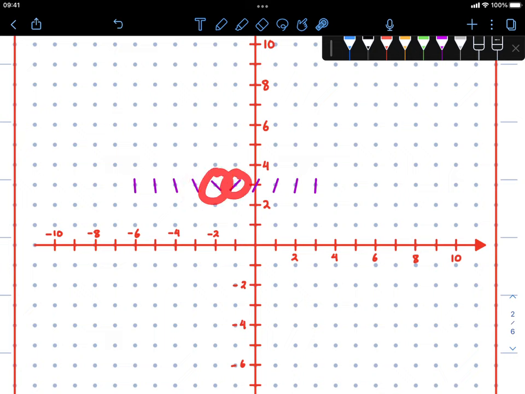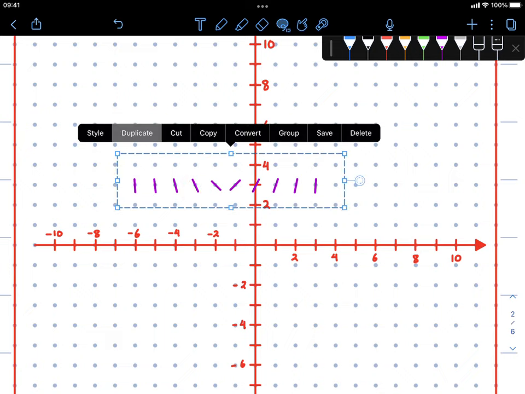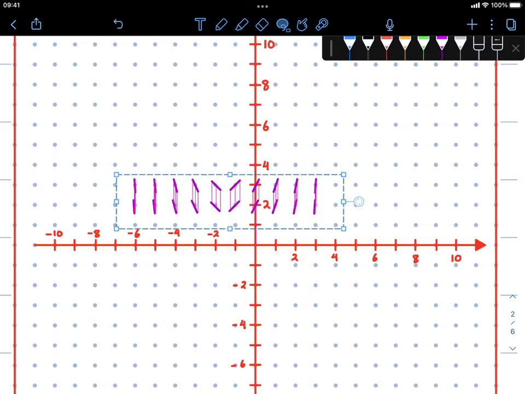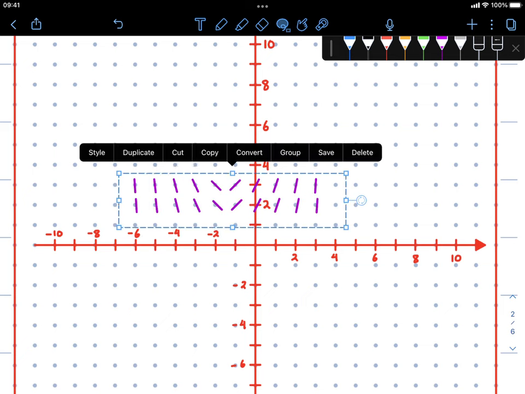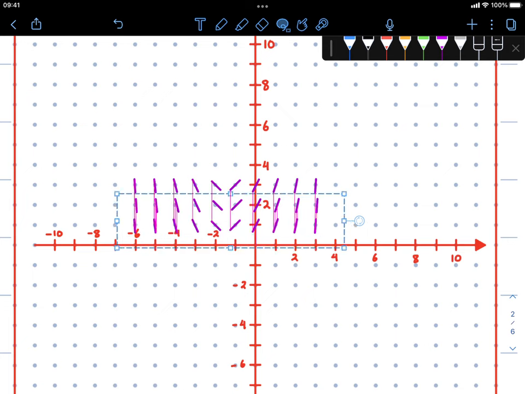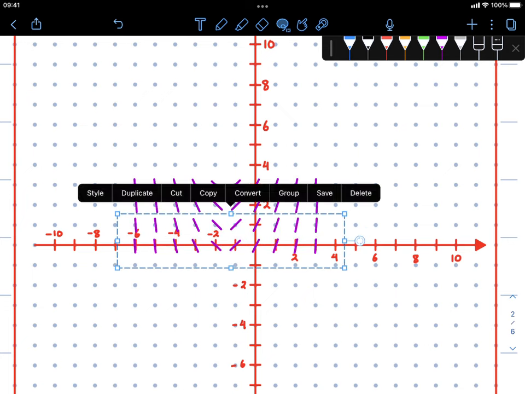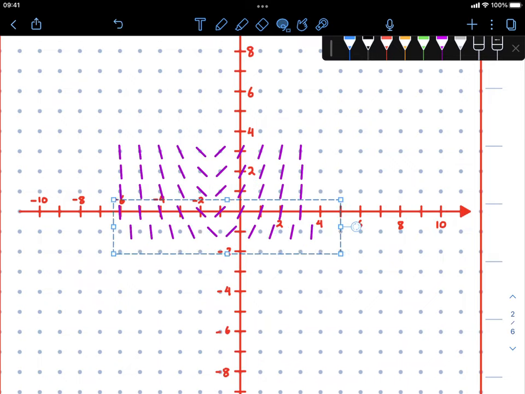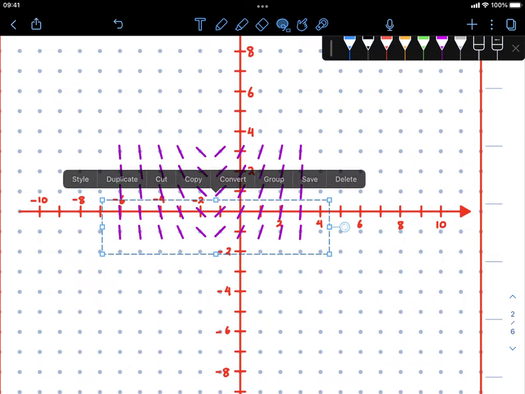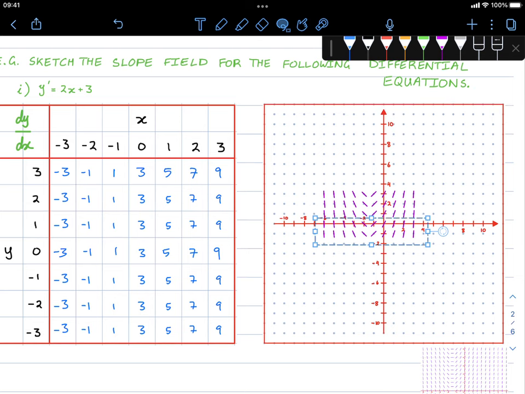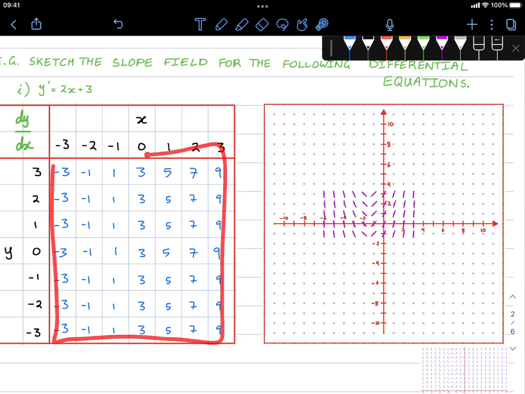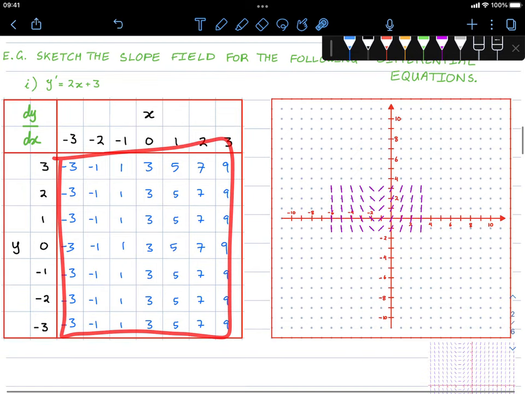And likewise for every other gradient. So if I just copy this and move it down, it'd be the same. I keep moving it down like this, and so on. So this is the slope field for this range of x and y values.